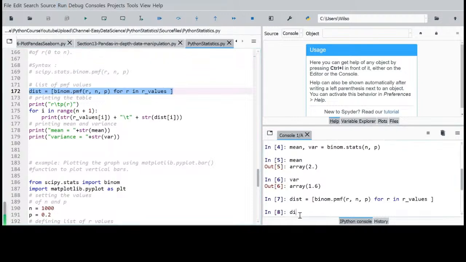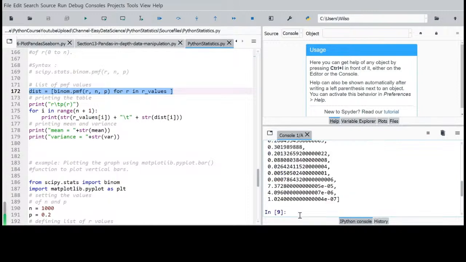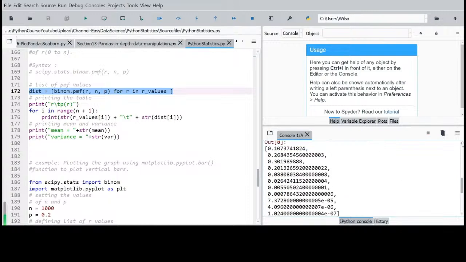So if we show this list contains 10 numbers representing the probability of, for example, 0 times occur during 10 trials is about 0.10. And 1 time success of all 10 trials is about 0.26.